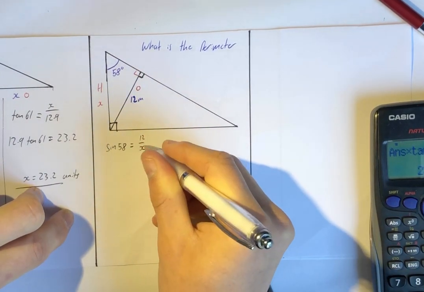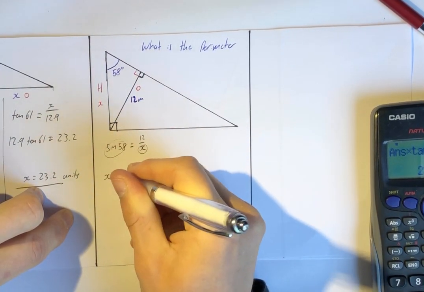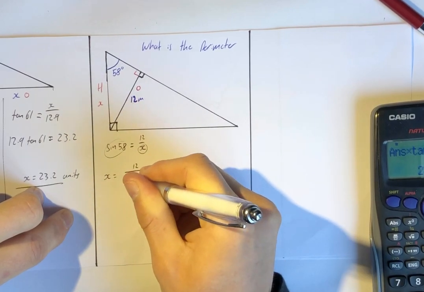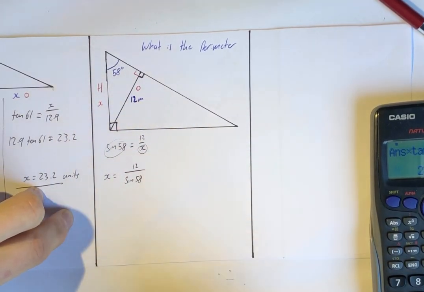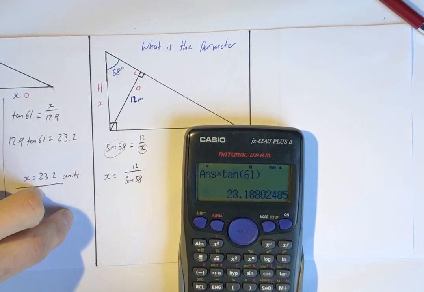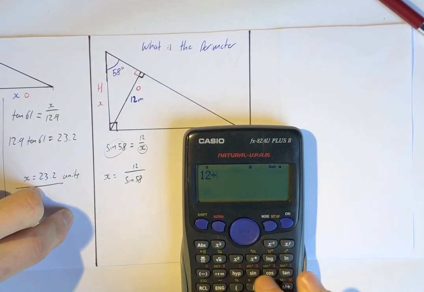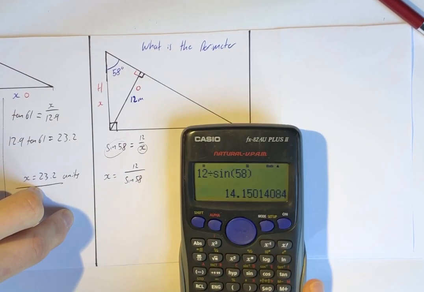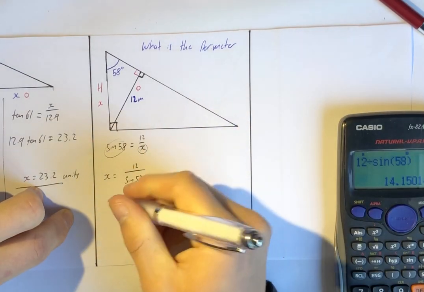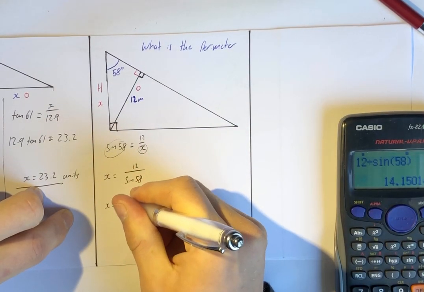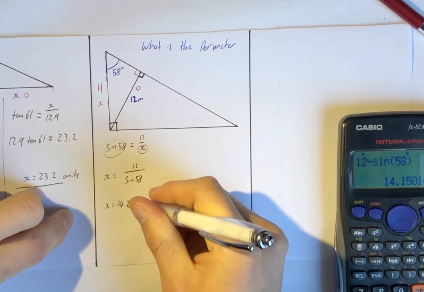Unknown on the bottom, so I do the switch. X is 12 over sine 58. So 12 divided by sine 58, I've got 14.2. X equals 14.2, and it's meters, isn't it?